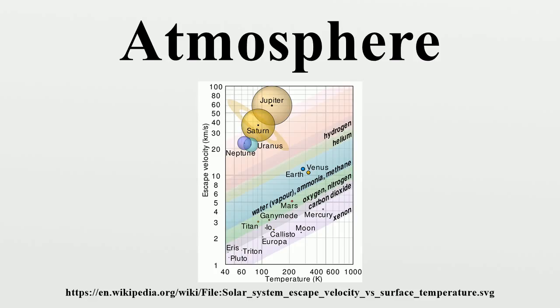more complex. Escape. Surface gravity, the force that holds down an atmosphere, differs significantly among the planets. For example, the large gravitational force of the giant planet Jupiter is able to retain light gases such as hydrogen and helium that escape from objects with lower gravity.